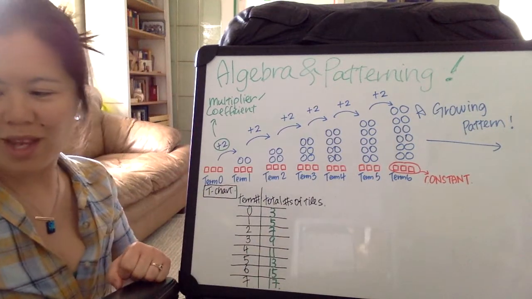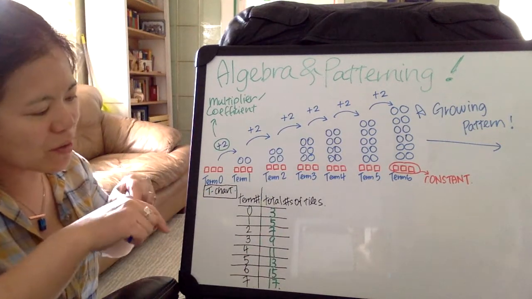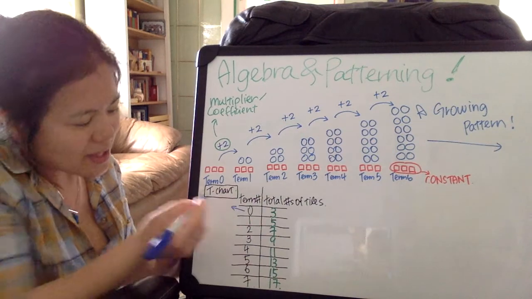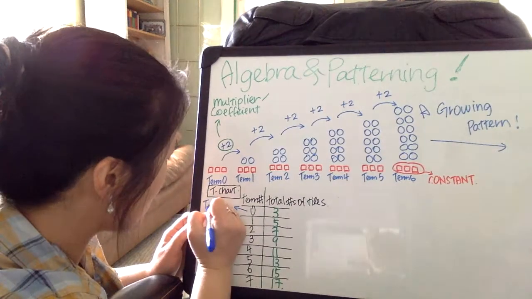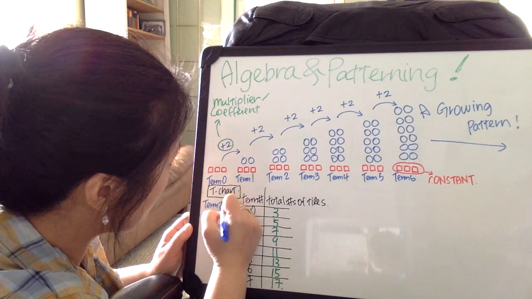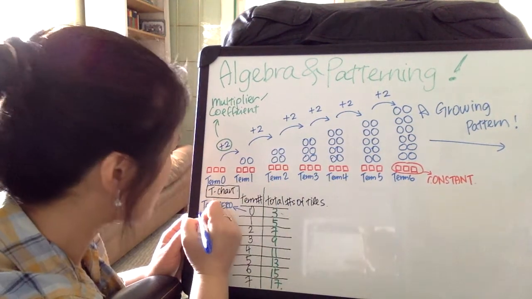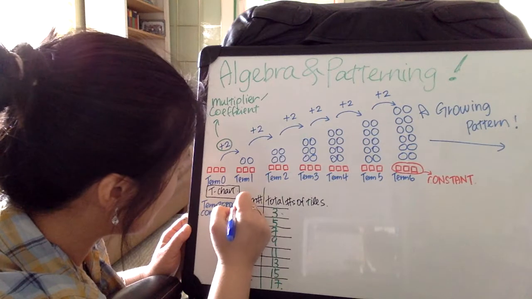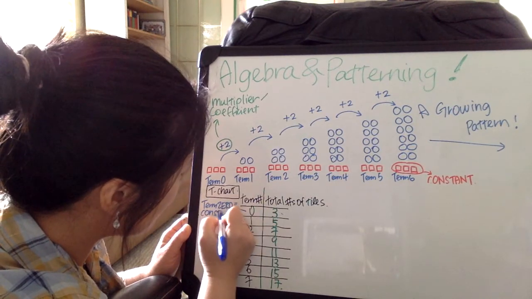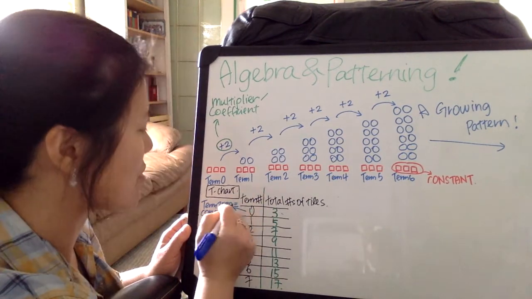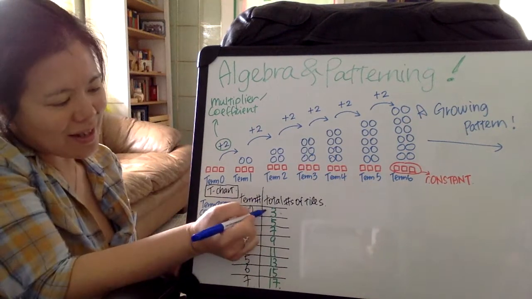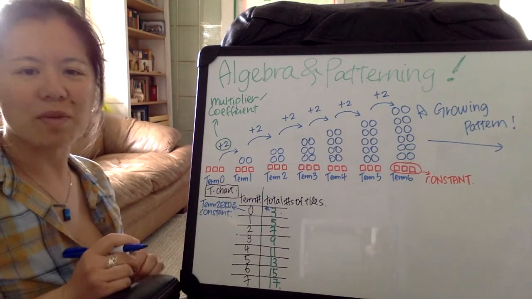As you can see, if you look right over here, this is term 0, and term 0 tells you what the constant is. Constant times 0. So that is this one right over there.